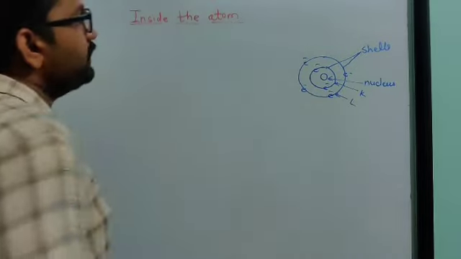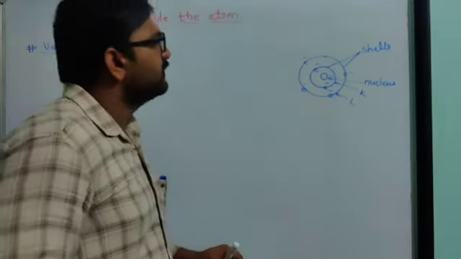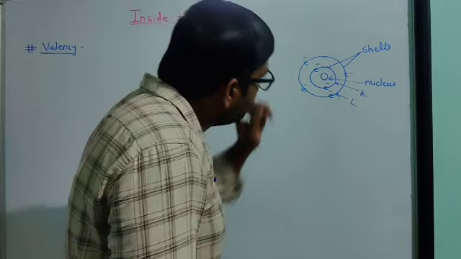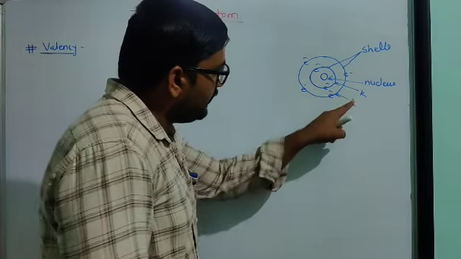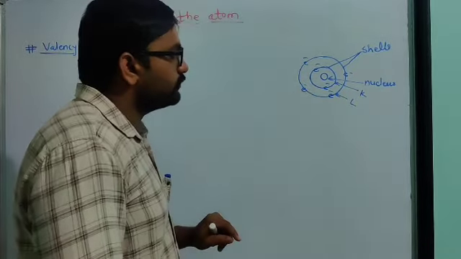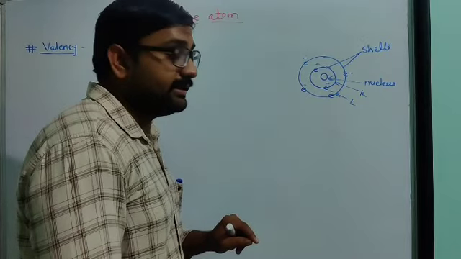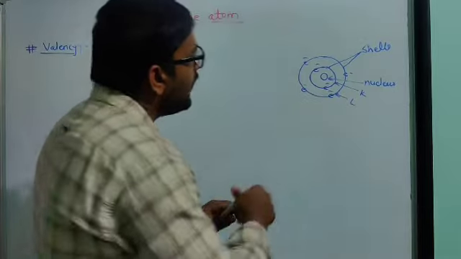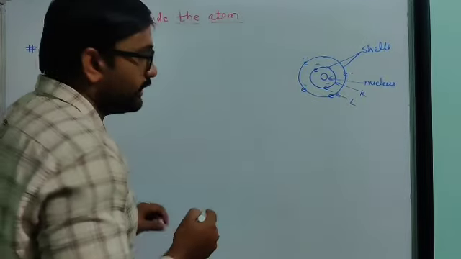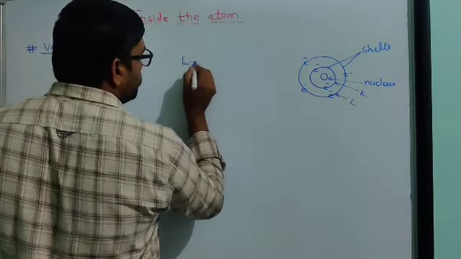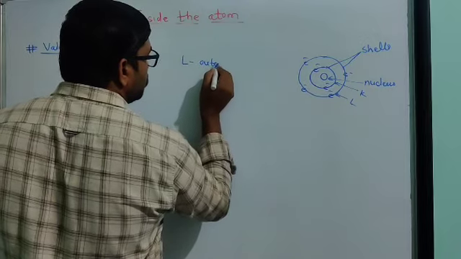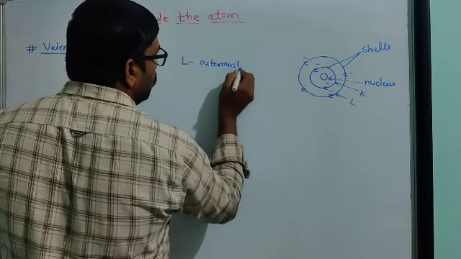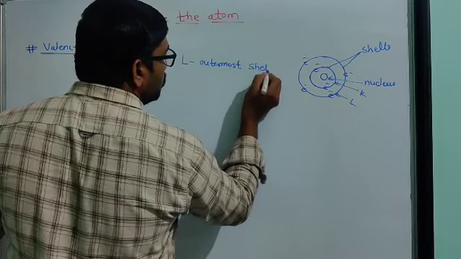So this atom has 2 shells, K shell and L shell. Here we see first 2 electrons are present in K shell and remaining 4 electrons are present in L shell. Okay, so look at here, L is the outermost shell. In this atomic structure L is the outermost shell.